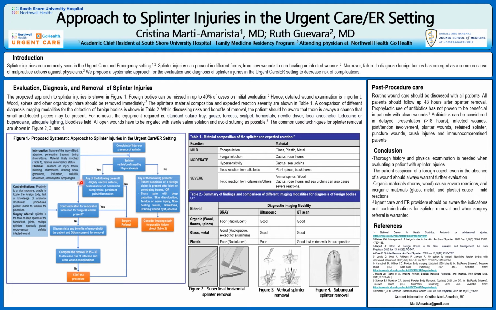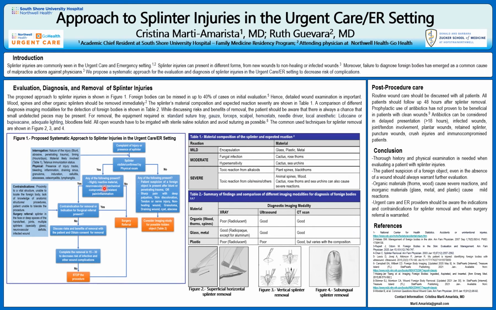Is this a highly reactive material? Is there any neurovascular or mechanical compromise or persistent pain or inflammation? If none of these are present, you can defer the removal and send the patient for surgical evaluation.